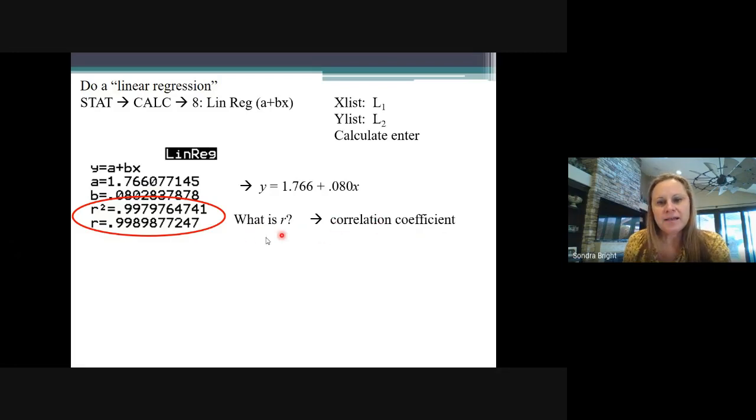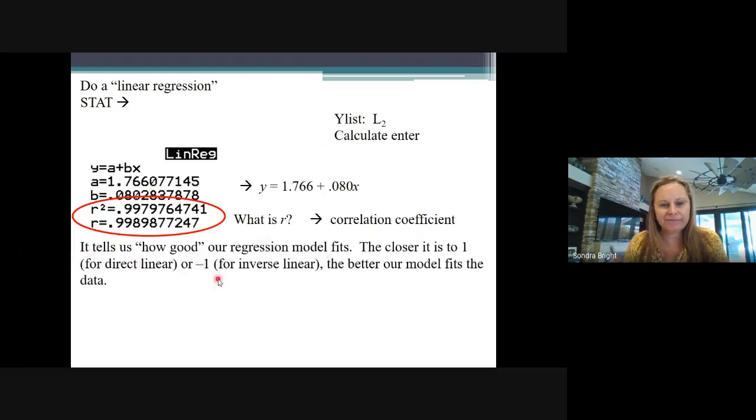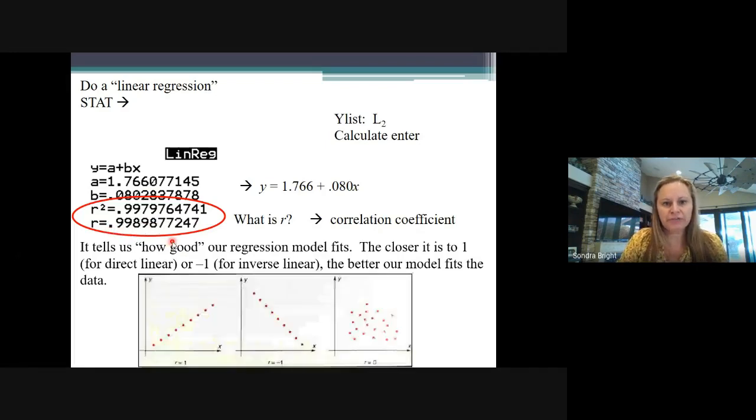It tells us how good of a fit our regression model is. So it tells us how good that line fits. The closer it is to 1 for a direct linear relationship, or -1 if it's going down, the better our model fits the data. So to have an R of 0.9989, that's a really, really good fit.